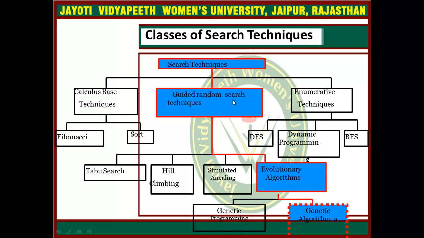The guided random search is classified into tabu search, hill climbing, simulated annealing, and evolutionary algorithms. The evolutionary algorithms are further classified into genetic programming and genetic algorithms. The third classification is enumerative techniques, which classify into DFS, that is depth first search, dynamic programming, and breadth first search.